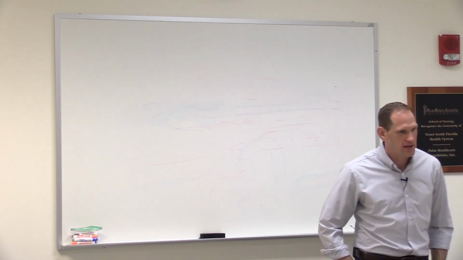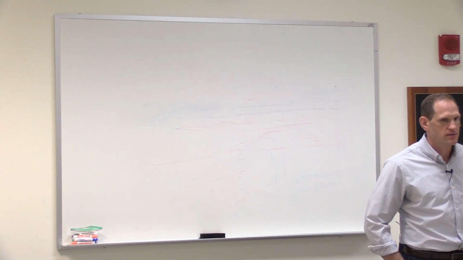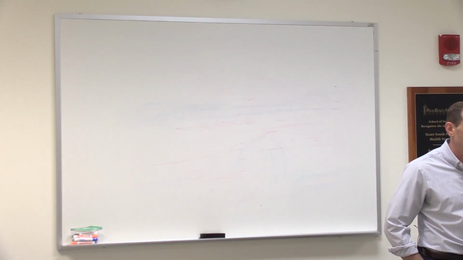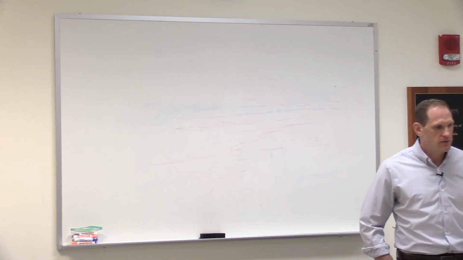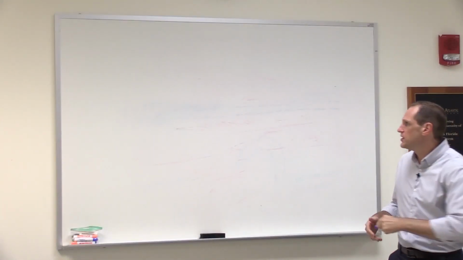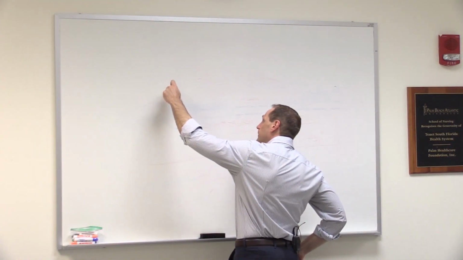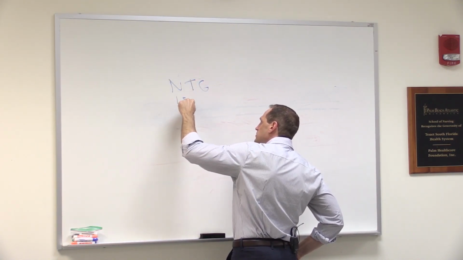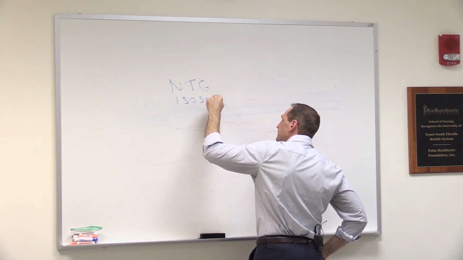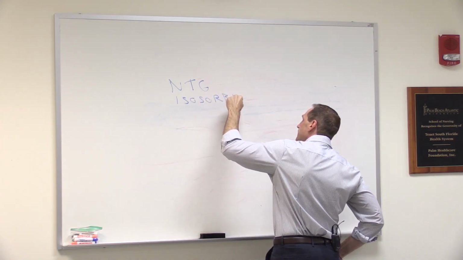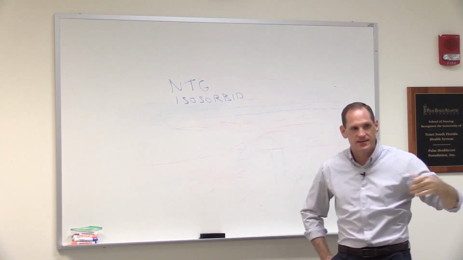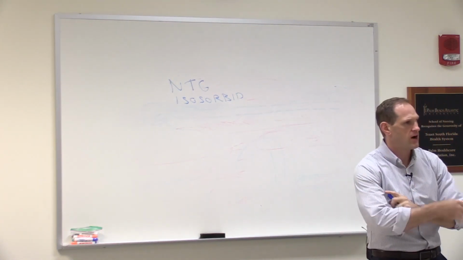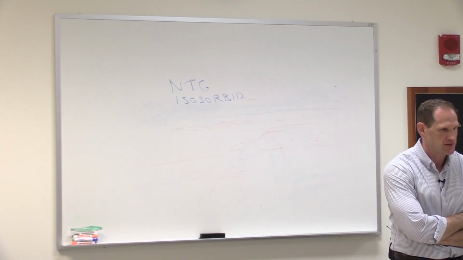Then we have organic nitrates, which can include nitroglycerin, NTG for short, and then isosorbide mononitrate and dinitrate. And these are just other longer acting forms of nitroglycerin, essentially.